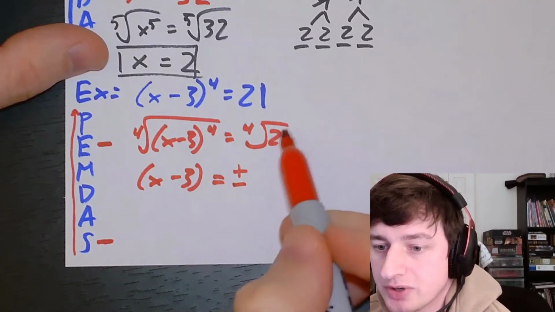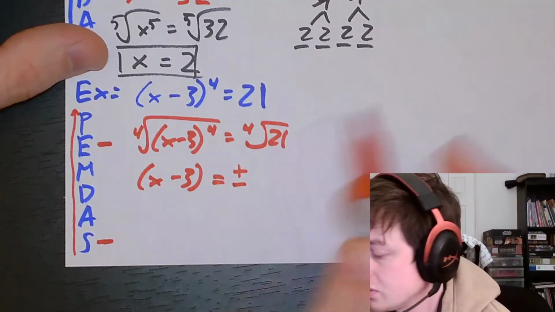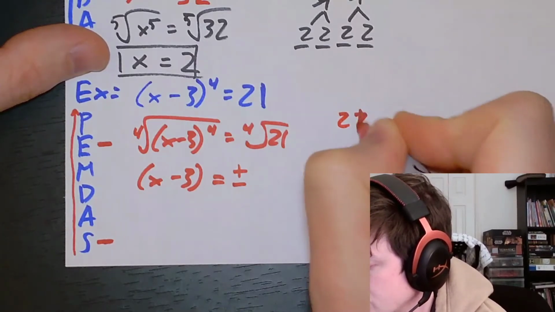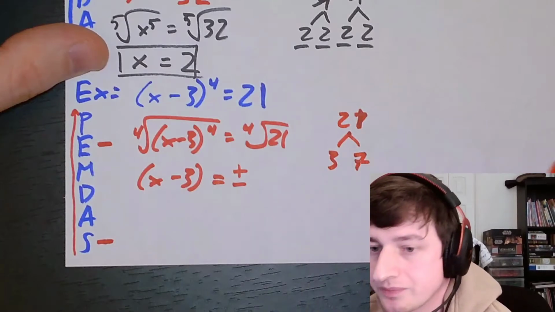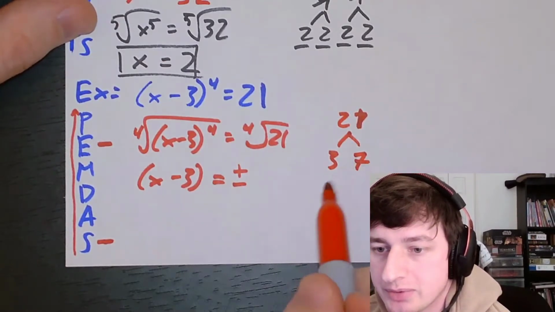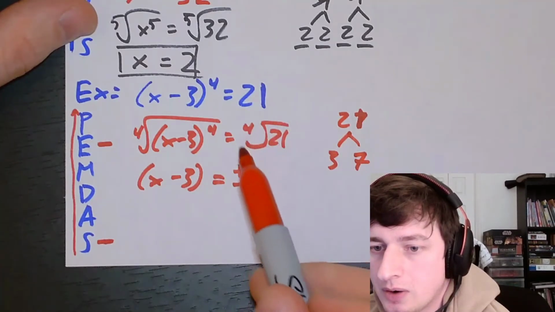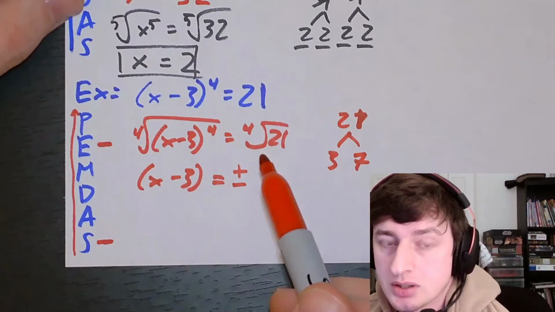It does not simplify. We cannot simplify this radical, right? 21 is 3 times 7. These are prime numbers. And so you can put this into a calculator and get a number, because that number does exist as a decimal.